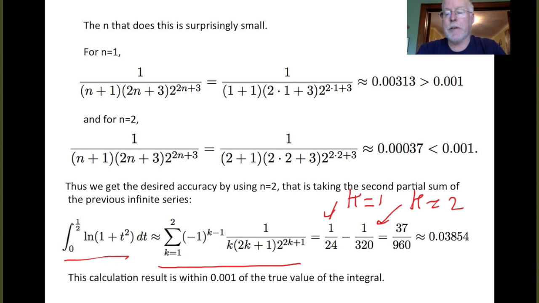That gives us 37/960, or about 0.3854. This calculation is within 1/1000th of the true value of the integral, because we know the error is no bigger than the next term of the series, which we verified up here was less than 1/1000th.